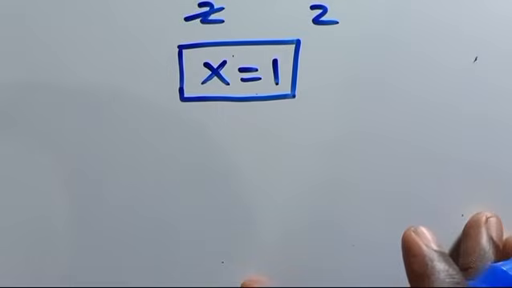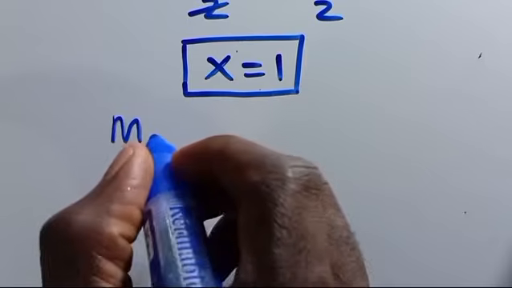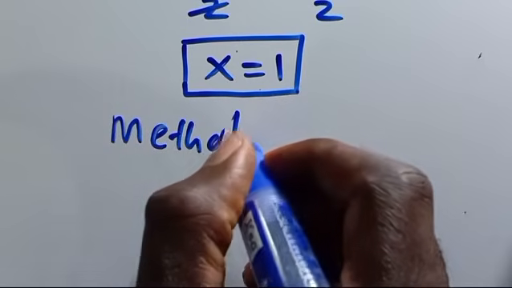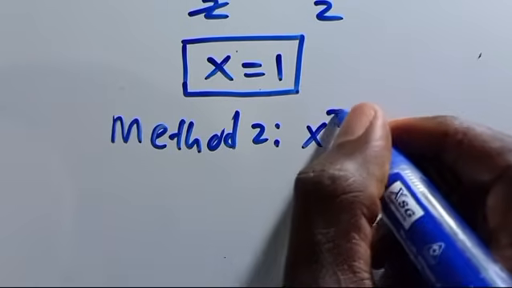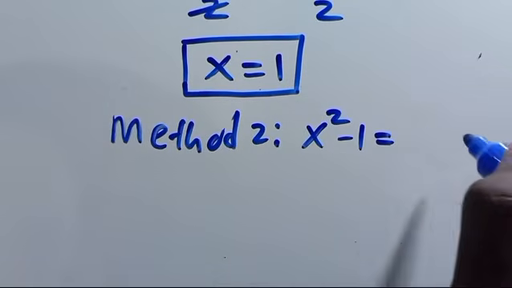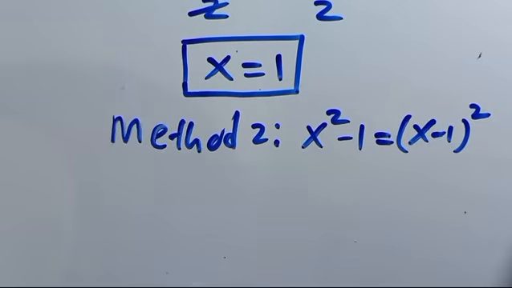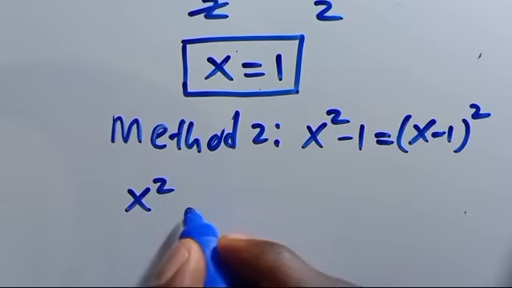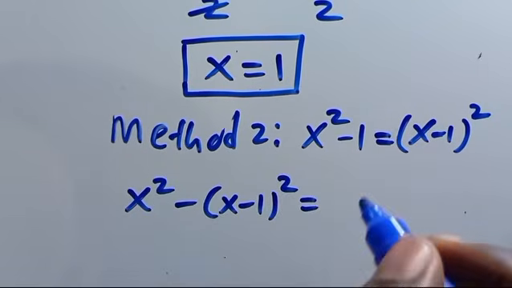So to apply method 2, we have x squared minus 1 equals (x minus 1) to the power of 2. Let's arrange this expression so we can have x squared minus (x minus 1) to the power of 2 equals 1.